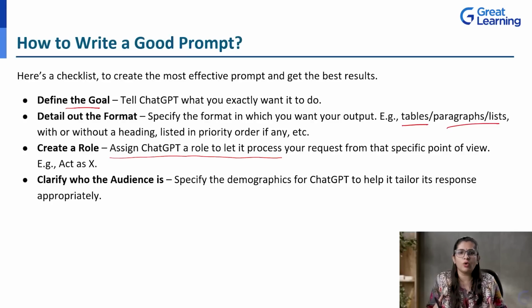If you are creating code, it can be foundational, functional, or expert. If you're a teacher using ChatGPT, you can specify, I want to teach fractions from a 6th class learner perspective.